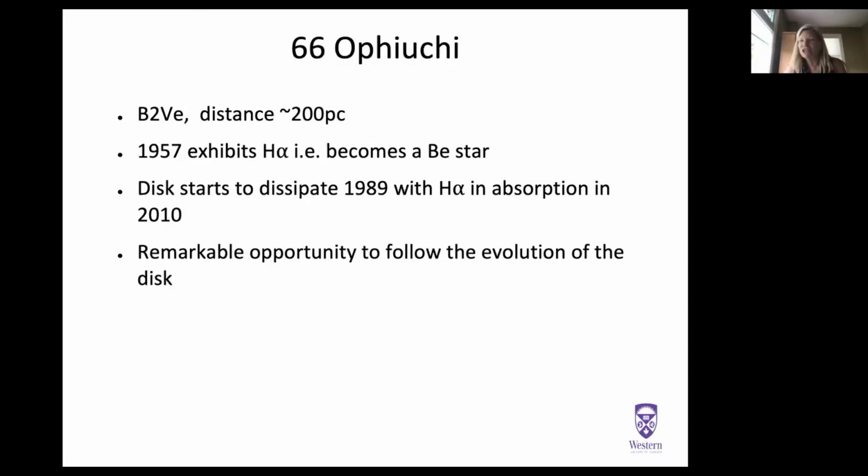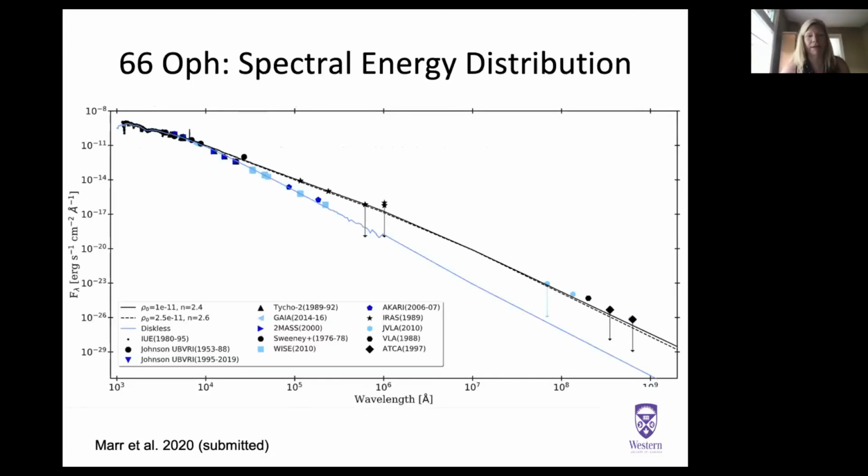It actually completely lost its disk, and the H-alpha line went from being an emission line to an absorption line. And this, I think, was a remarkable opportunity to follow the evolution of the disk. Not only do we know exactly how long it took to build up, we know exactly how long it took to dissipate.